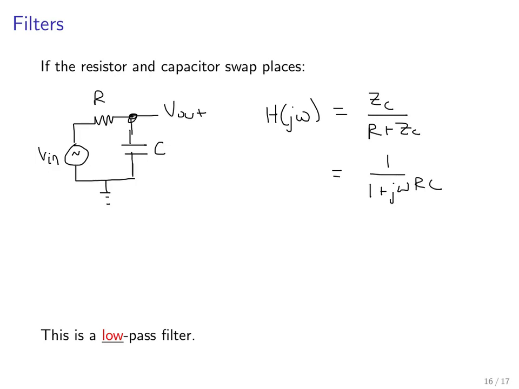And if we plot this transfer function, we are going to see that it is a low-pass filter now. So here we have the flat region, then a corner, and then a linear drop-off on a log-log plot. So here's log omega and log of magnitude H of j omega.